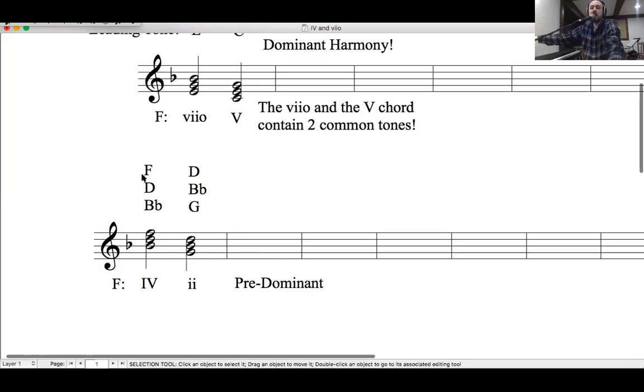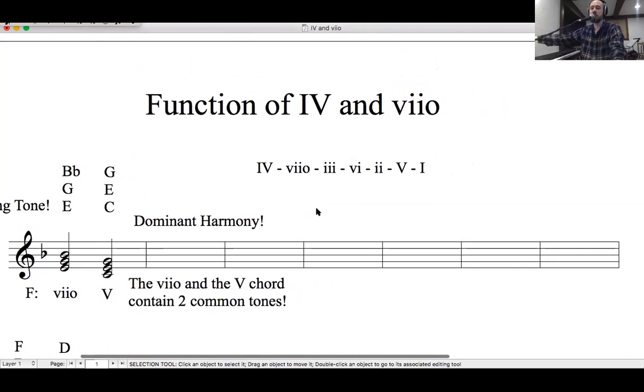So like I said, we could have said, well, 4 also shares 2 common tones with 6, but in thinking about function, only predominant, dominant, and tonic have really strong functional identities. Everything else, 3 and 6, were in a little bit of no man's land or no woman's land, no person's land. So 4 and 7, they were even more in the outer limits.